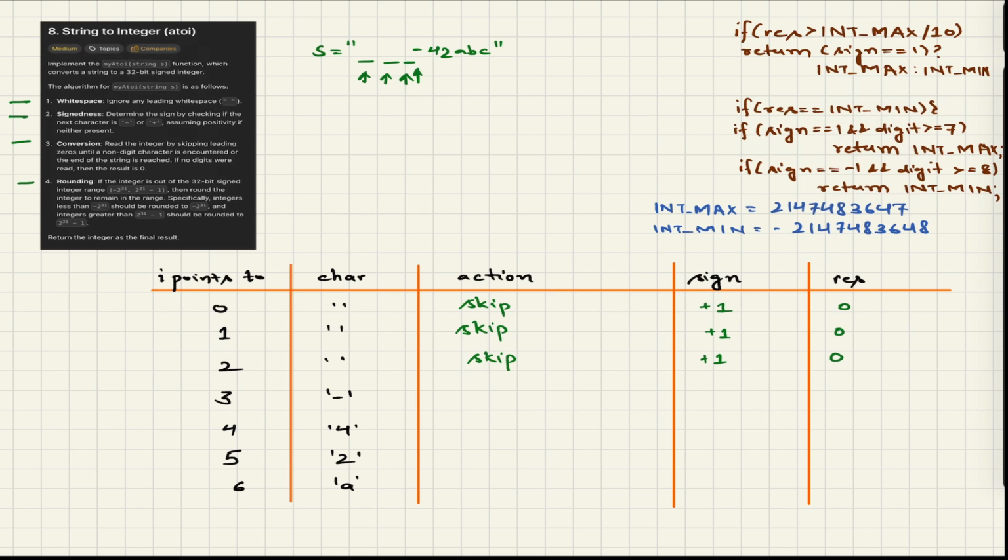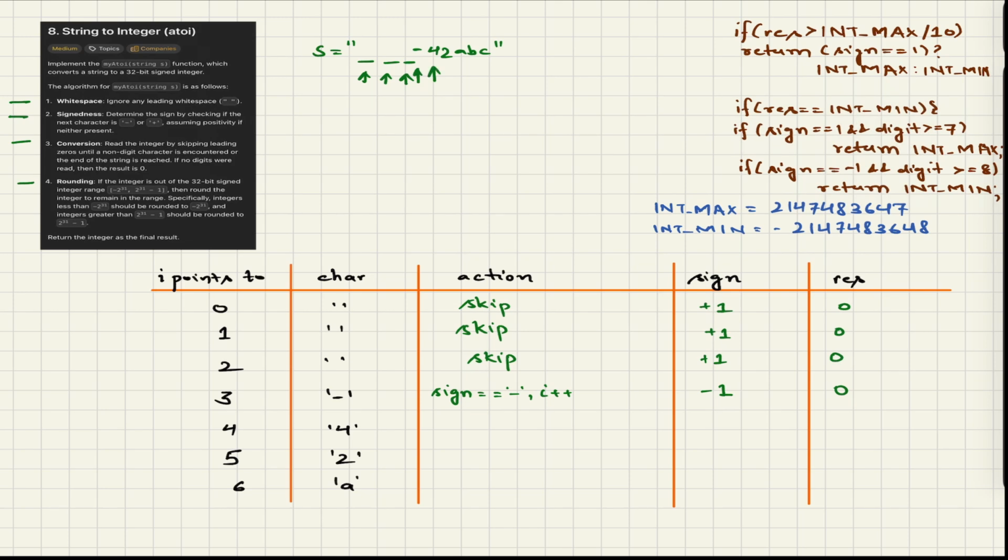So according to the rule, if my sign character is minus, I'll increment i with i plus plus, but also my sign changes to -1. My result still remains 0. Now I move to the next character.